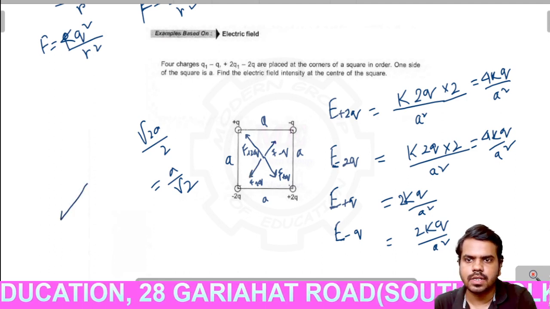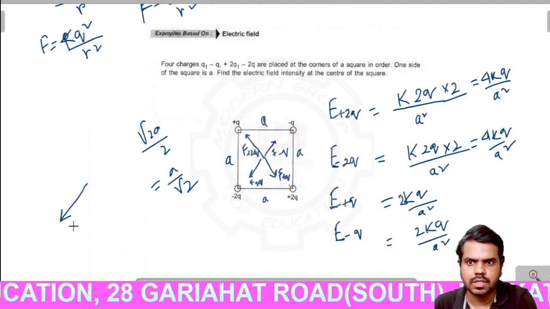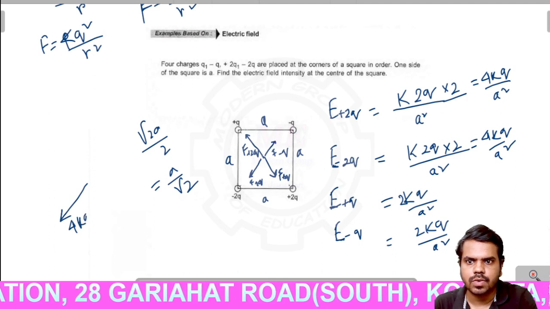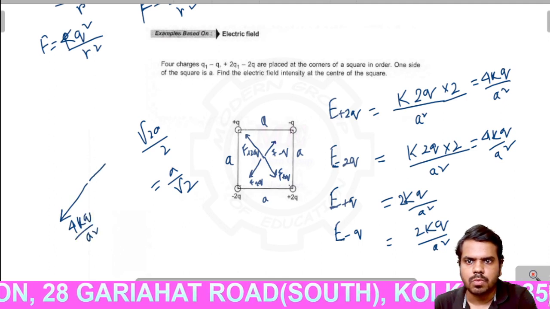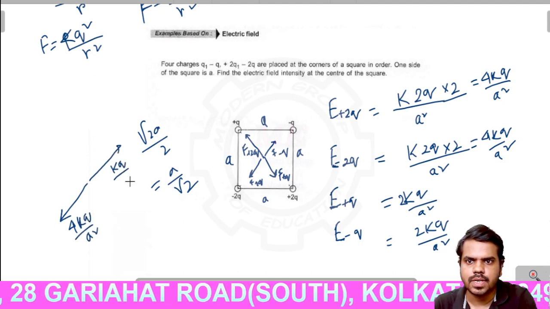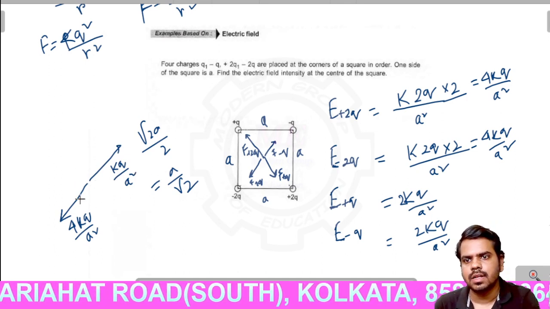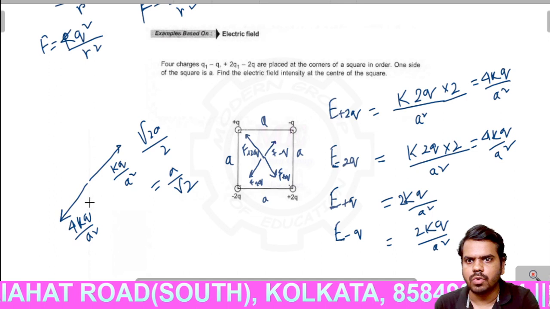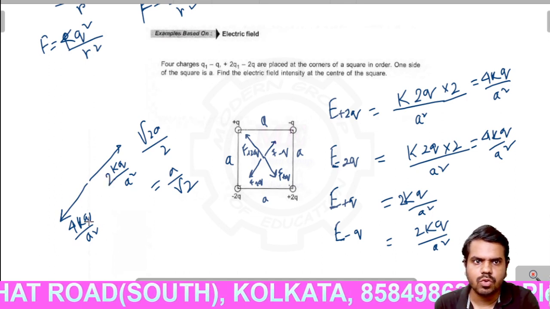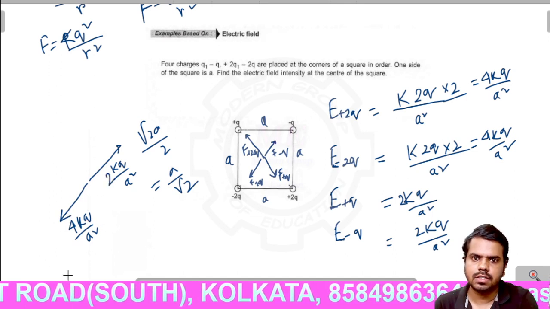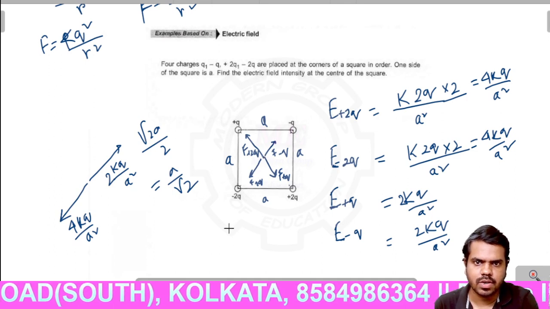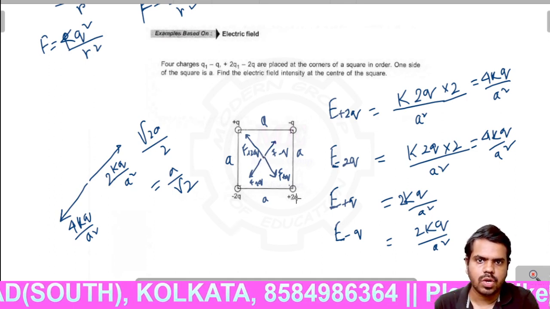A force is acting in this direction, that is 4KQ by a square, and in the opposite direction KQ by a square. That means electric field is a vector quantity, hence we can write that a force is acting with the value of 2KQ by a square in this direction. So this is 2KQ by a square in this direction, here is also 2KQ by a square.